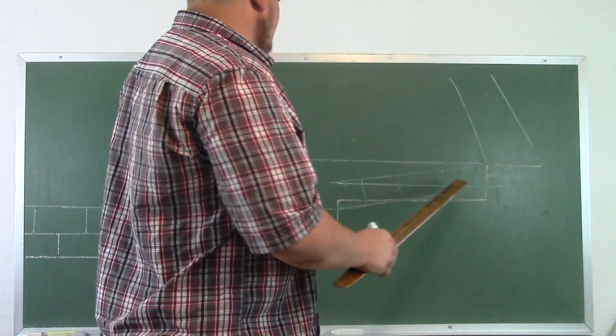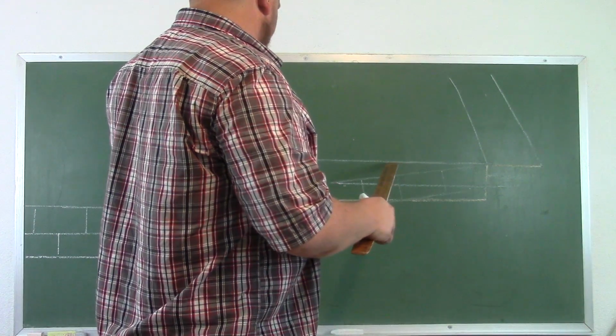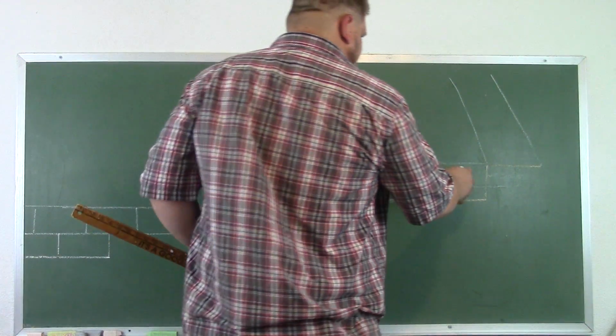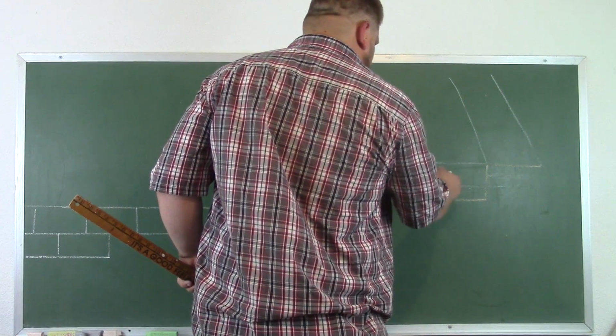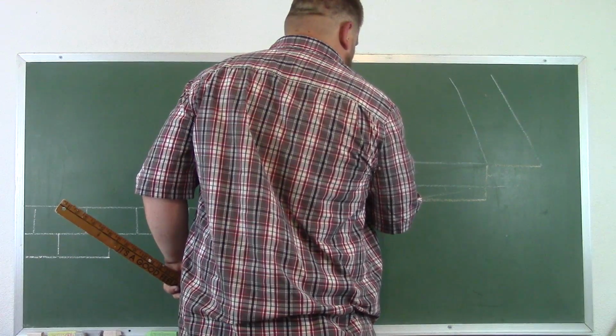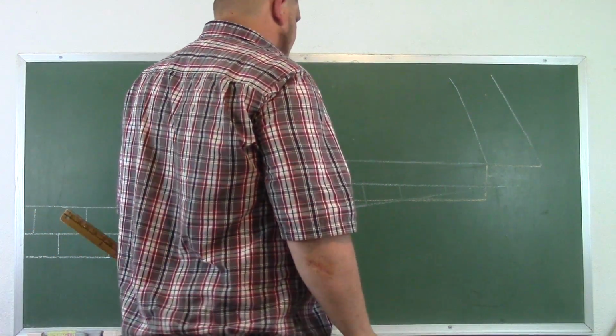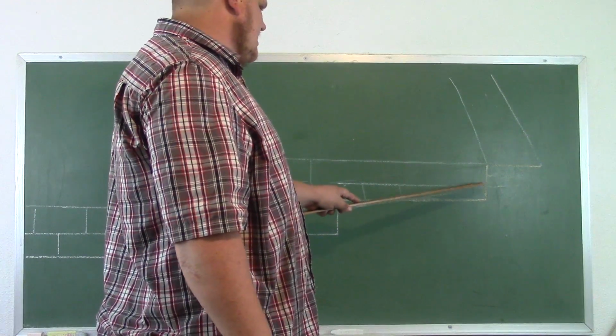Okay, so for this second row of blocks to be level, I would have to cut the blocks like that.